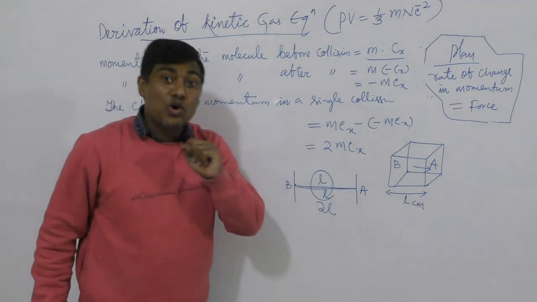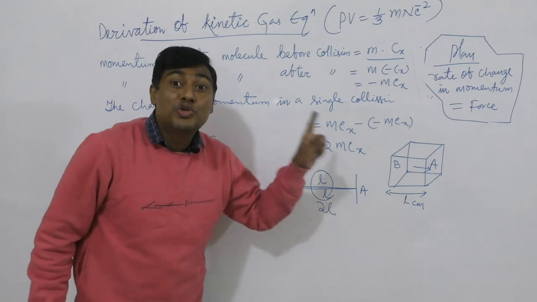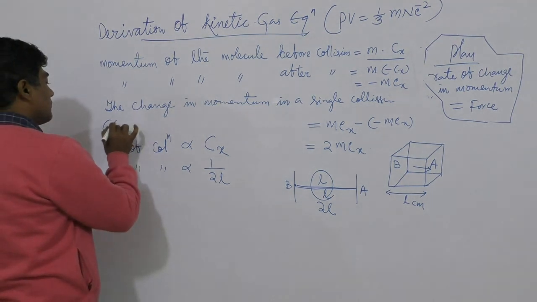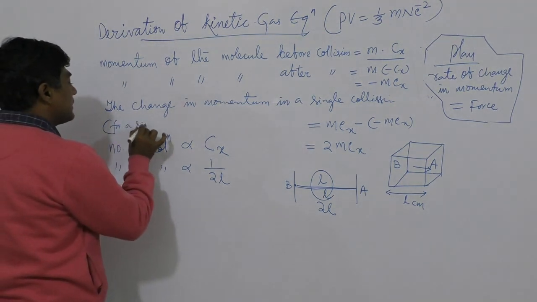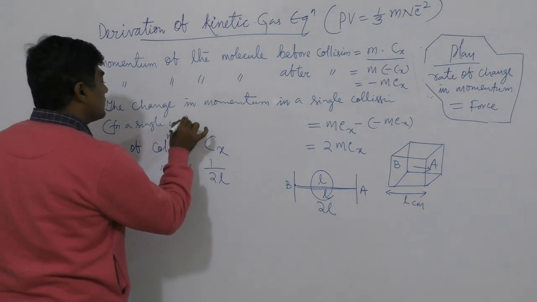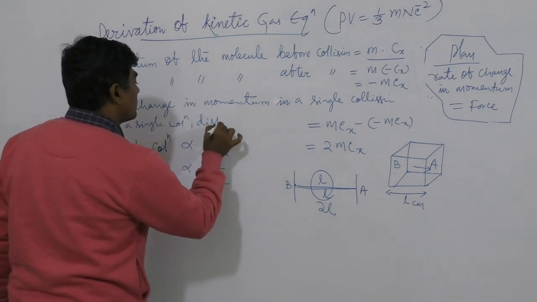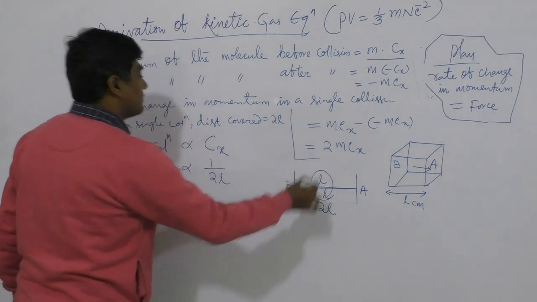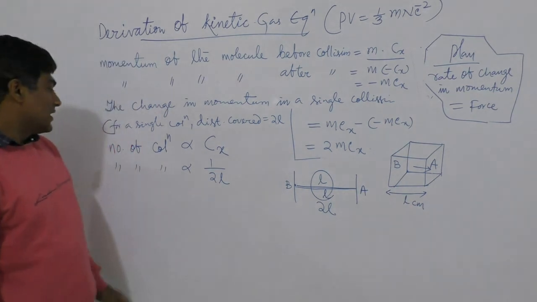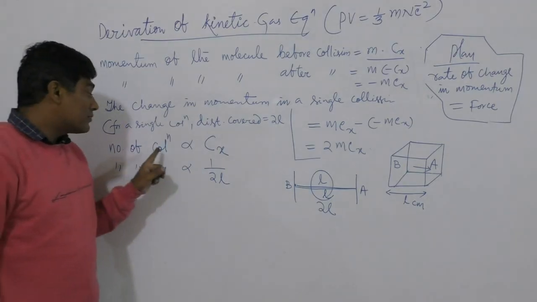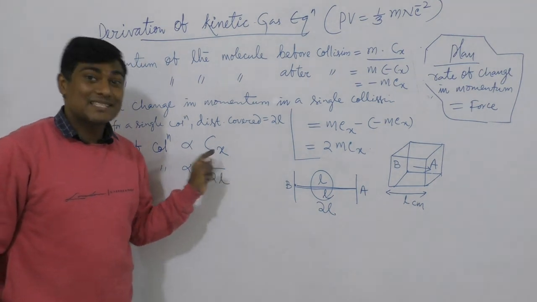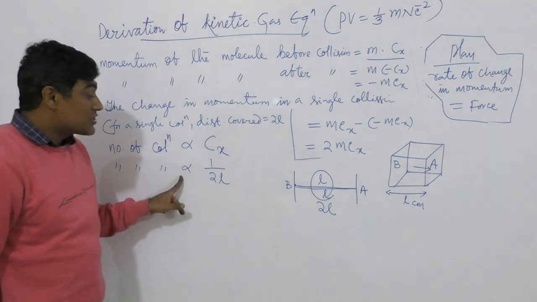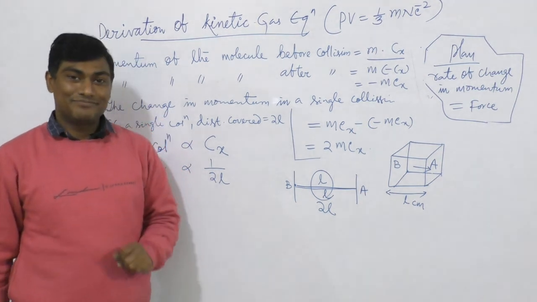So for a single collision, the distance covered is 2L. So the number of collisions is directly proportional to cx and inversely proportional to 2L.